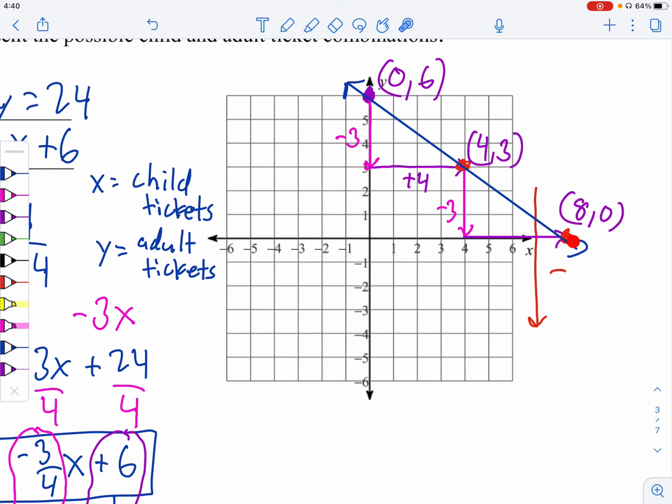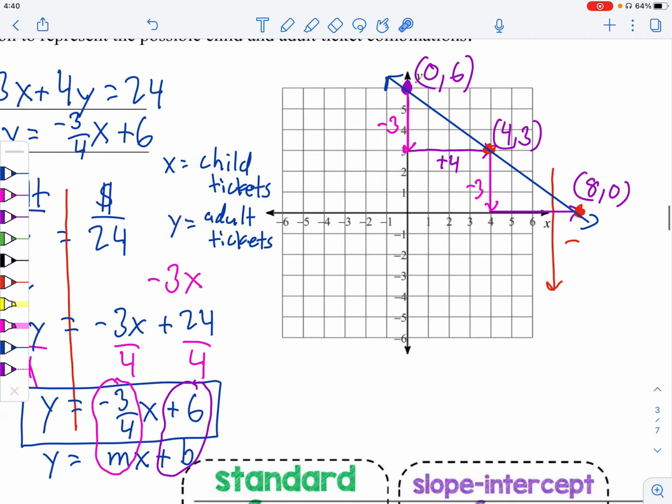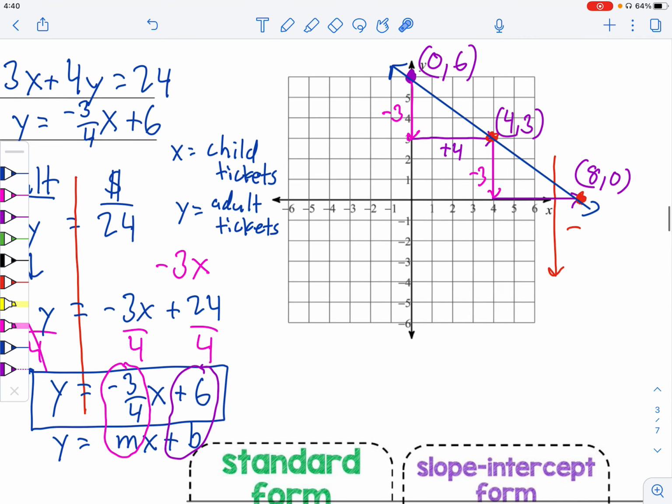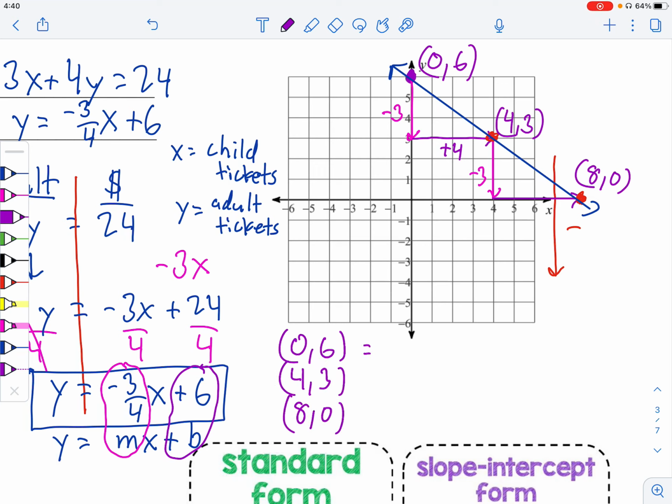And these are our possible combinations for tickets that we can buy. So 0, 6, 4, 3, and 8, 0. So we can see what each one is, right? Remember, x is child tickets, y is adult tickets.